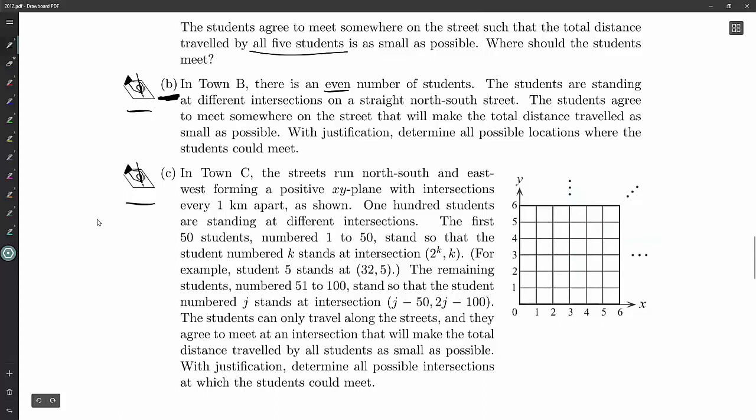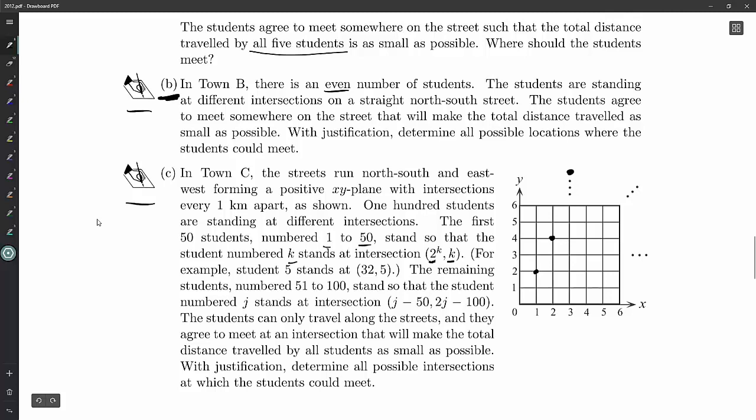Positive XY with intersections every 1 kilometer apart as shown. Great. 100 students are standing at different intersections. The first 50 students, looks like they're telling us where the students are, numbered 1 to 50, stand so that the student numbered K stands at (K, 2 to the K). So at 1, 2, and then 2, 4, and then 3, 8.